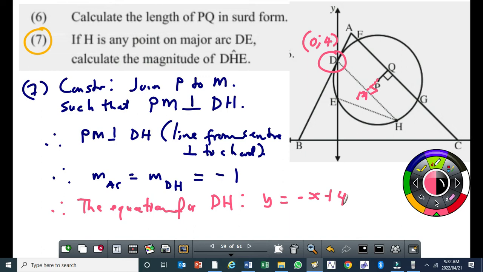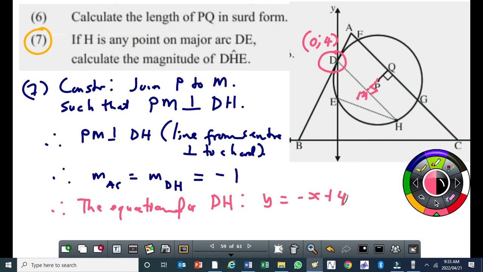Remember, if you want the equation of a straight line, you just need the gradient and the y-intercept. So I don't need to do any specific calculation there. I know my gradient is -1. I proved it from theorem 1 of circle geometry that DH is perpendicular to PM based on my construction. Therefore, DH is parallel to AC. Are you following there?